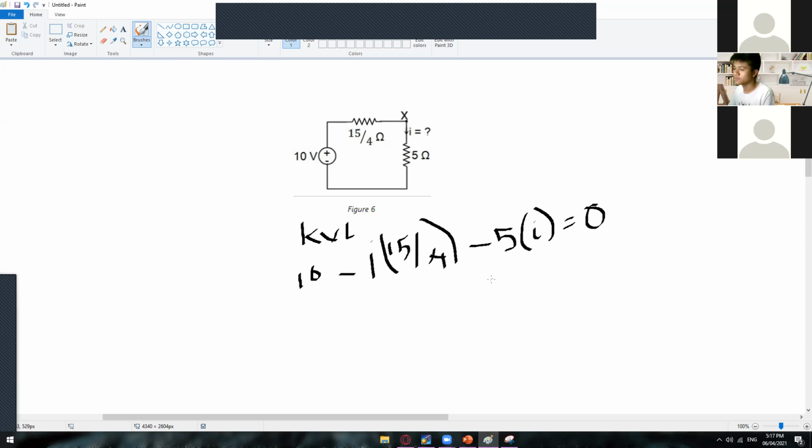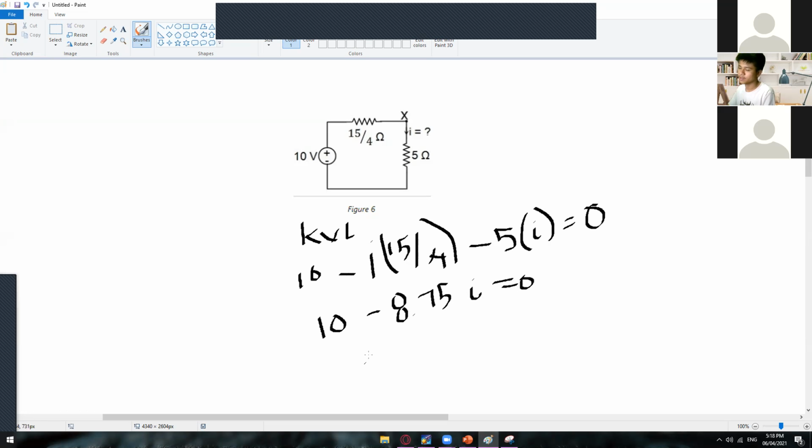From here, we can combine those two. So 10 minus 15 divided by 4 minus 5, it's also negative. So we have negative 8.75 I is equal to 0.